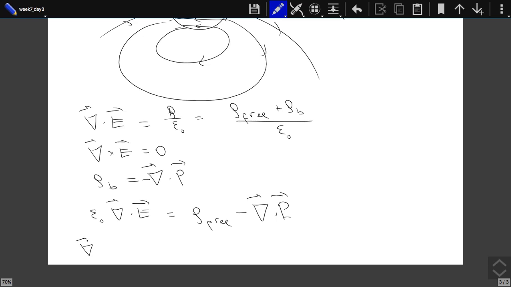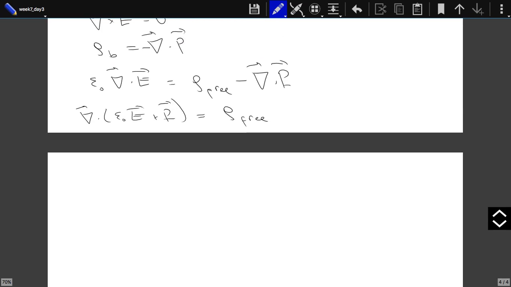Or the divergence of epsilon 0 E plus this polarization is equal to rho free. Now, this combination is what we usually call the displacement field.